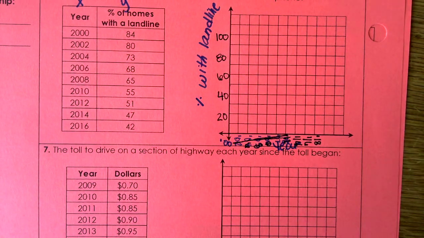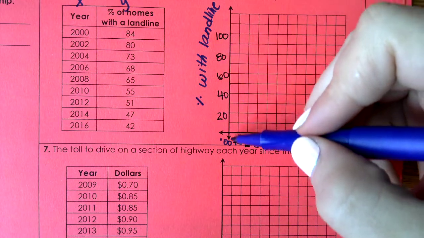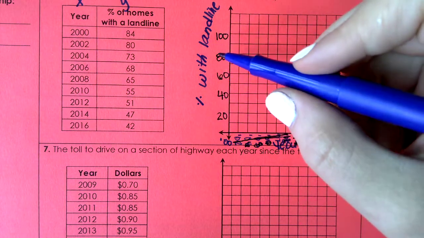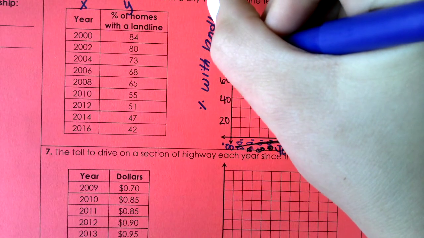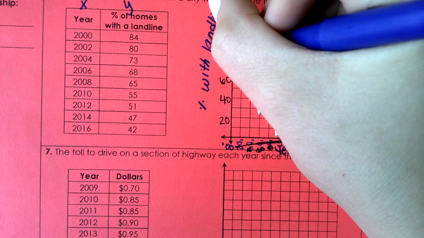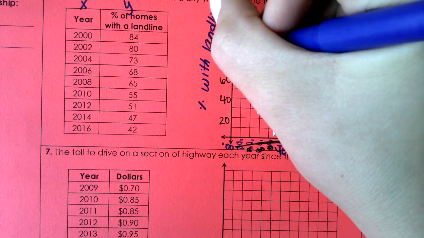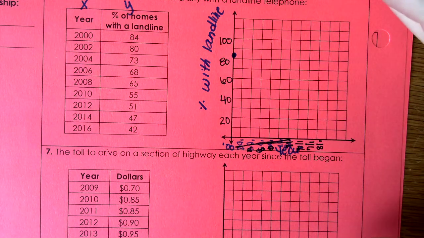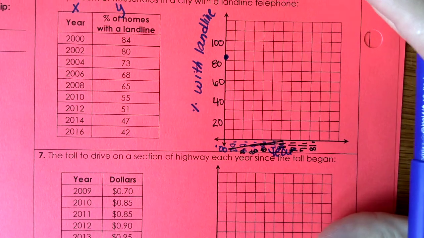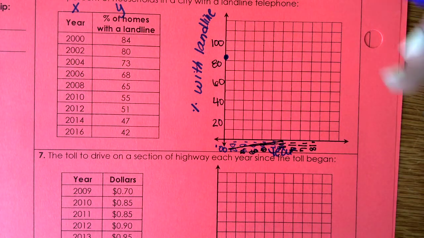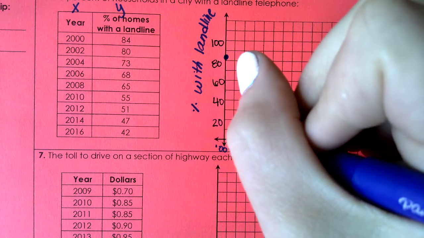So in 2000, that's where I'm going to have it right on the line for 2000. 2000 is at 84%. So I'm going to go to 80, and then I'm just going to go a little bit above, not halfway, but almost halfway. Then for 2002, I have 80%.